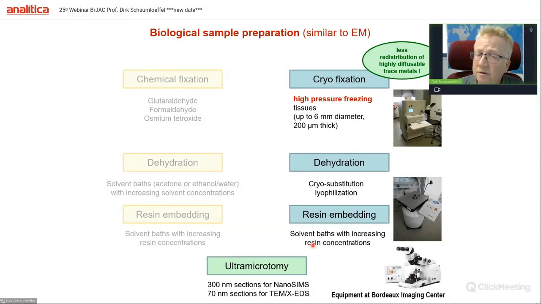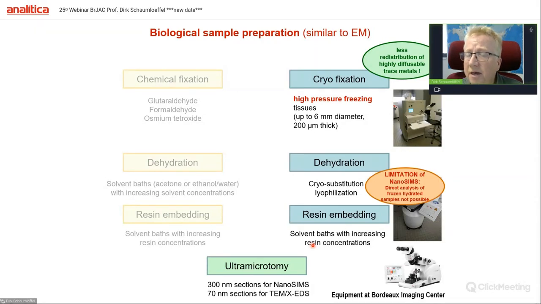We are limiting this risk during the cryosubstitution, because the limitation of the NanoSIMS is that we cannot directly analyze frozen hydrated samples. This is not possible. There's still a small risk of redistribution of the metals, but the risk is smaller than with the chemical fixation procedure.